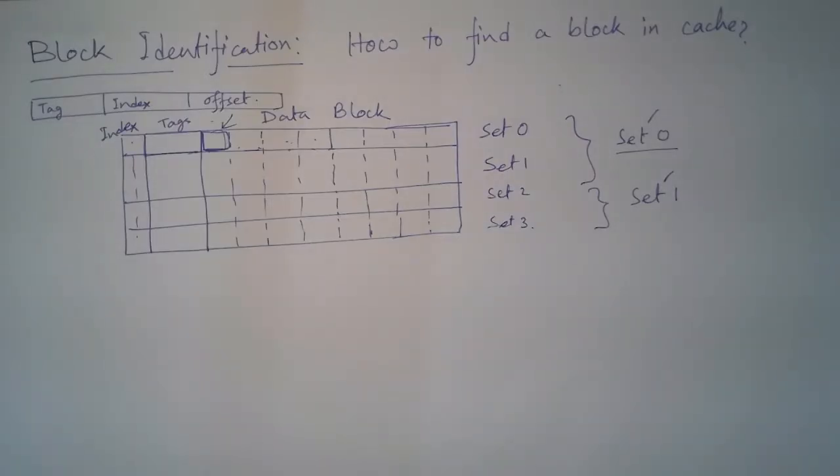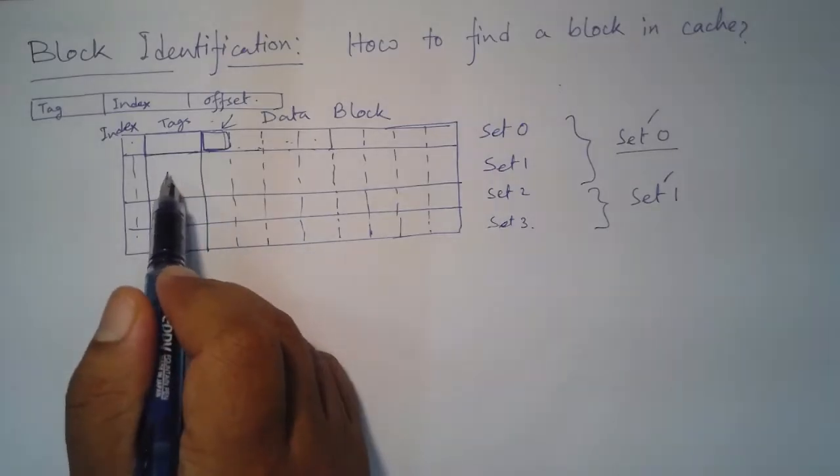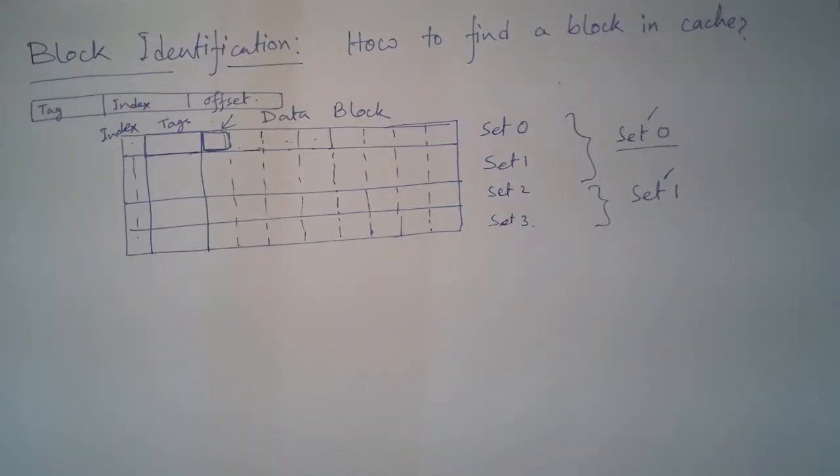And in case of a fully associative cache, your tag will be different, and that will help you in identifying where the particular block is. I hope this makes sense.